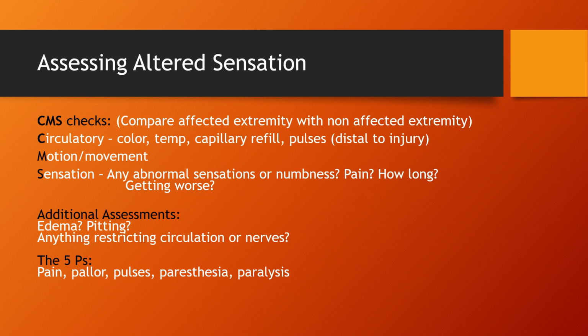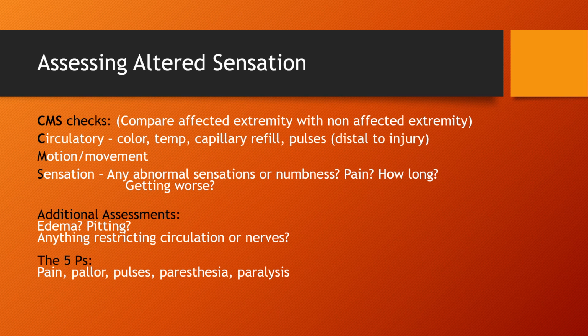Some of the indicators of peripheral neurovascular dysfunction would be, in the area of circulation, color that is pale, cyanotic, or mottled, temperature that is cool, and capillary refill of more than 2 seconds. For motion, weakness or paralysis.